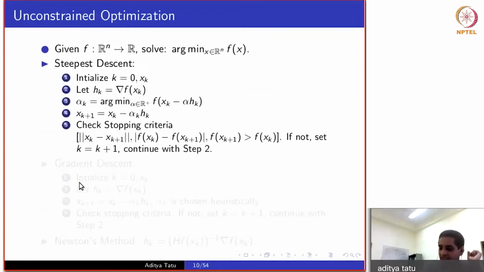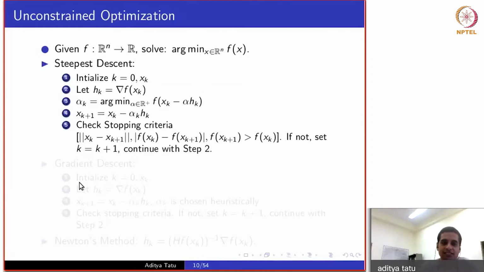Having said that, now let's look at unconstrained optimization. We are given a function f from Rn to R without any constraints. We are supposed to just find the minimum x, the n-tuple that minimizes this function. You may have hopefully heard of two algorithms, gradient descent and steepest descent. Let me quickly tell you what they mean.